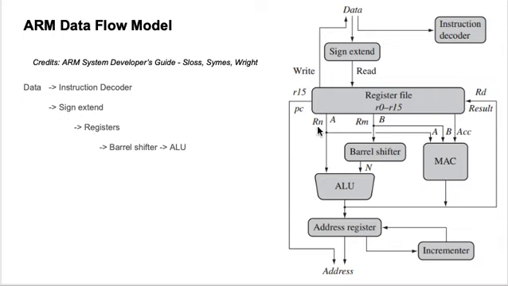You can see that Rn and Rm represent the data present in the registers Rn and Rm, and it is flowing through bus A and bus B to the ALU and barrel shifter. Alternatively, buses A and B can also give the data to the multiplier accumulate unit.